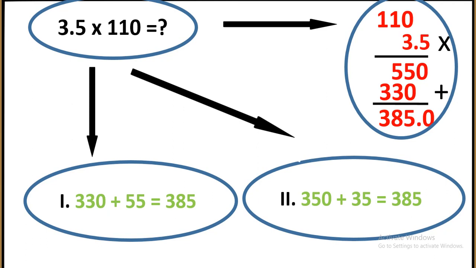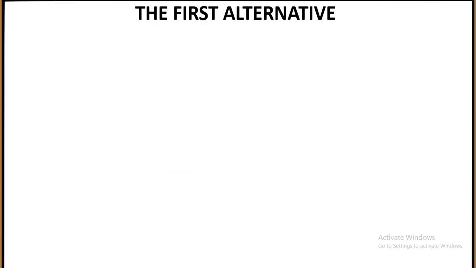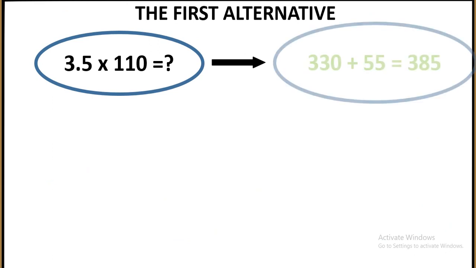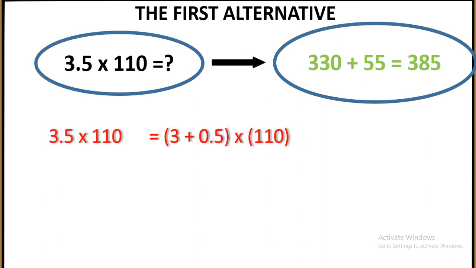This is not the only alternative, there are many other alternatives, and we just look here at two. Okay, now we will look at the first alternative. The first alternative is 3.5 times 110 is 330 plus 55. We'll see why and how we can do this.